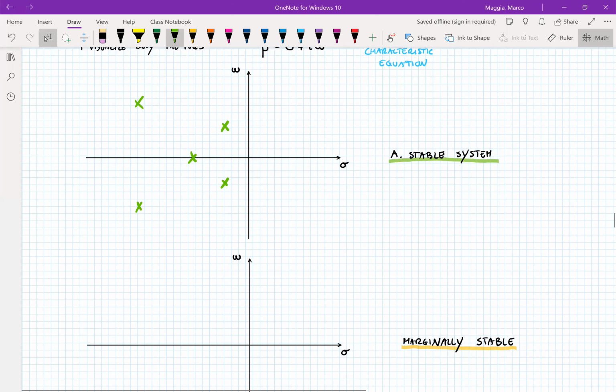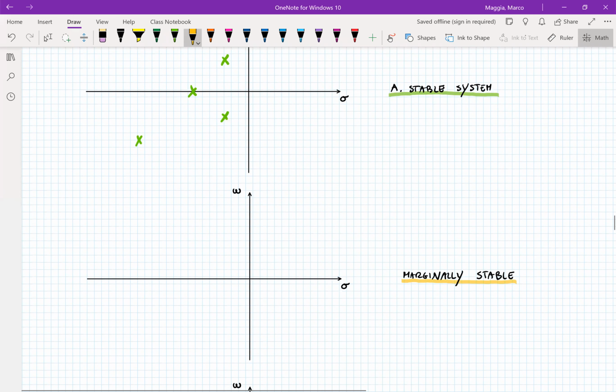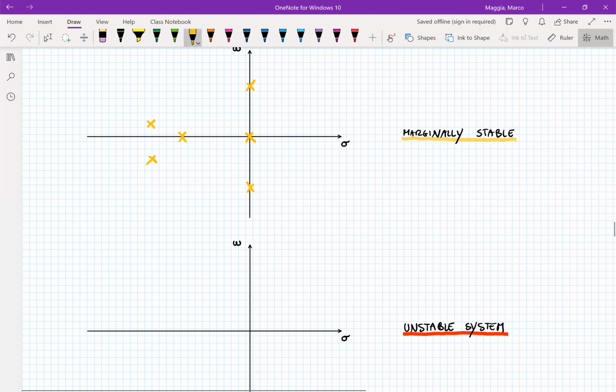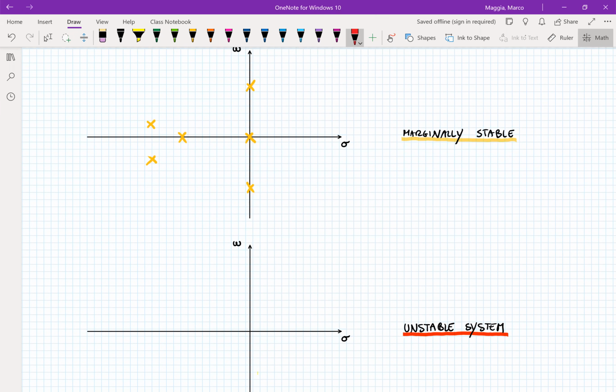Now let's take a look at a system that is marginally stable or neutrally stable. Here we can have poles on the imaginary axis. Of course, if they are complex, if they have an imaginary part that is different than 0, they always come in conjugate pairs. So let's say this system is marginally stable because it has poles on the imaginary axis with multiplicity at most equal to 1.